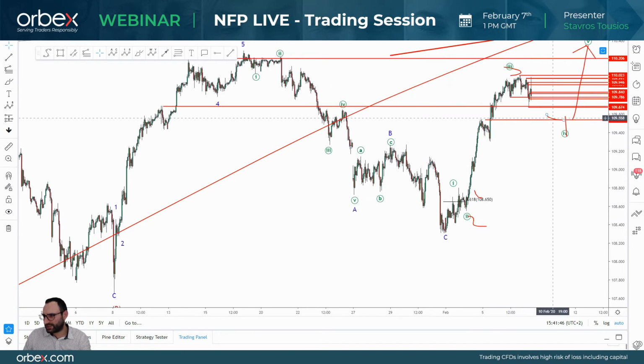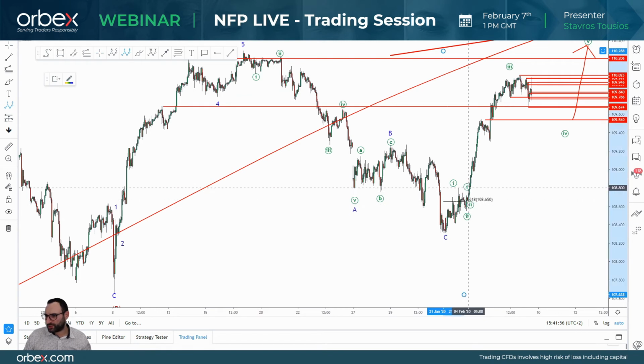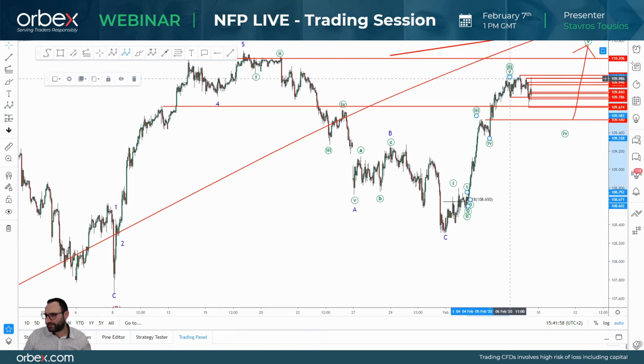Do not obviously take this as proof or as investment advice. It's merely some analysis based on Elliott waves. We've had this move, and then we're looking at this 1, 2, 3, 4, and 5, right?